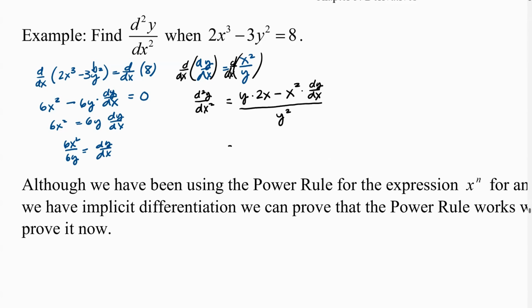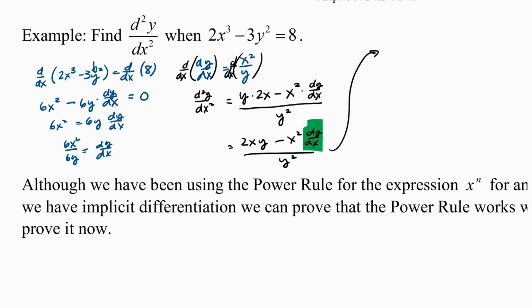Let's clean that up just a little bit. 2xy minus x squared dy dx over y squared. This is not the official answer because the College Board does not like leaving dy dx as part of the answer. But luckily, we know what dy dx is. I calculated it.